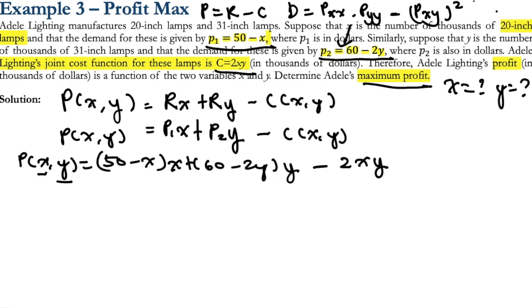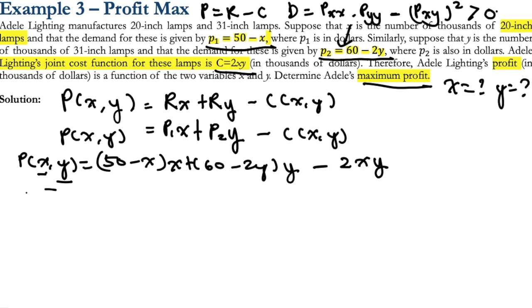In order to maximize profit, D has to be positive. Relative maxima or relative minima, D has to be positive. Okay, now, so how do we do it? That means we need to find Px, we need to find Py, and then we need to find Pxx. We also need to find Pyy, and then we need to find Pxy.